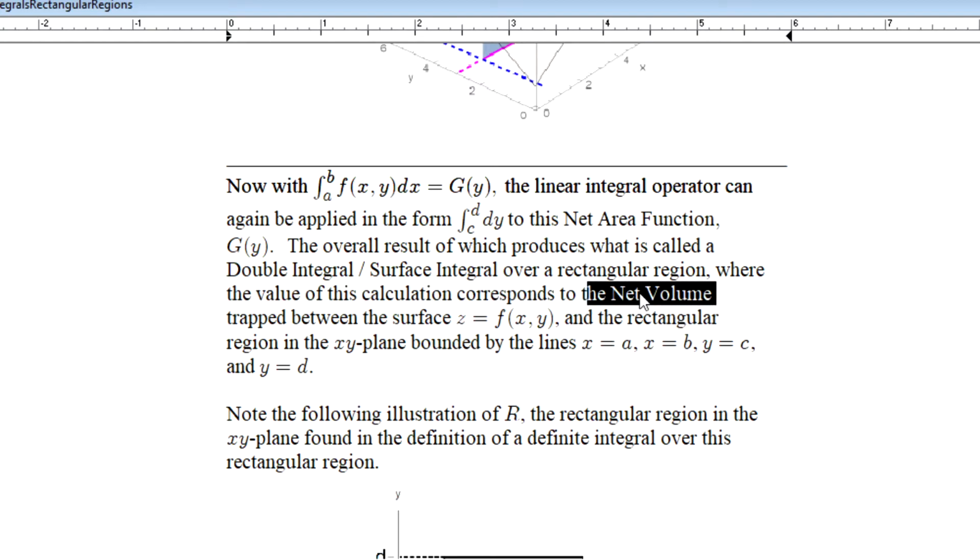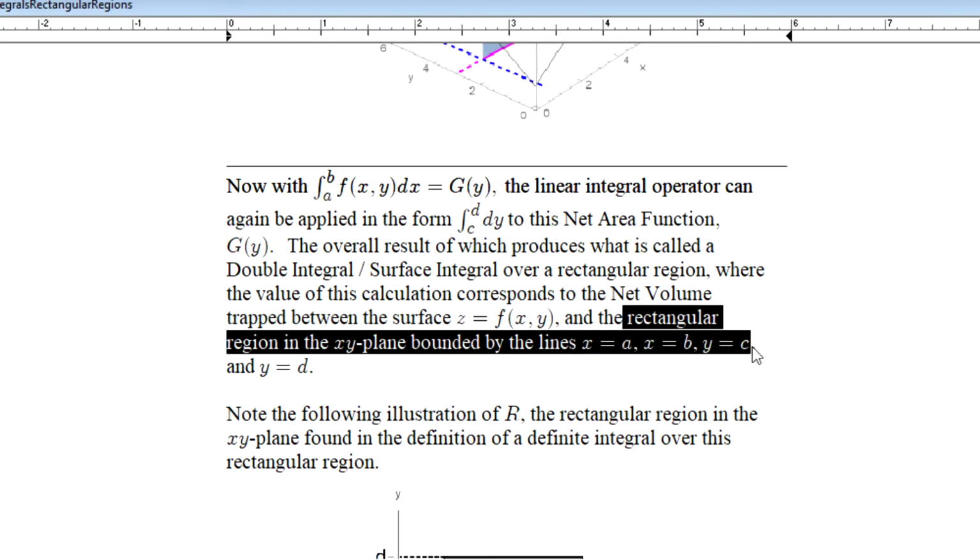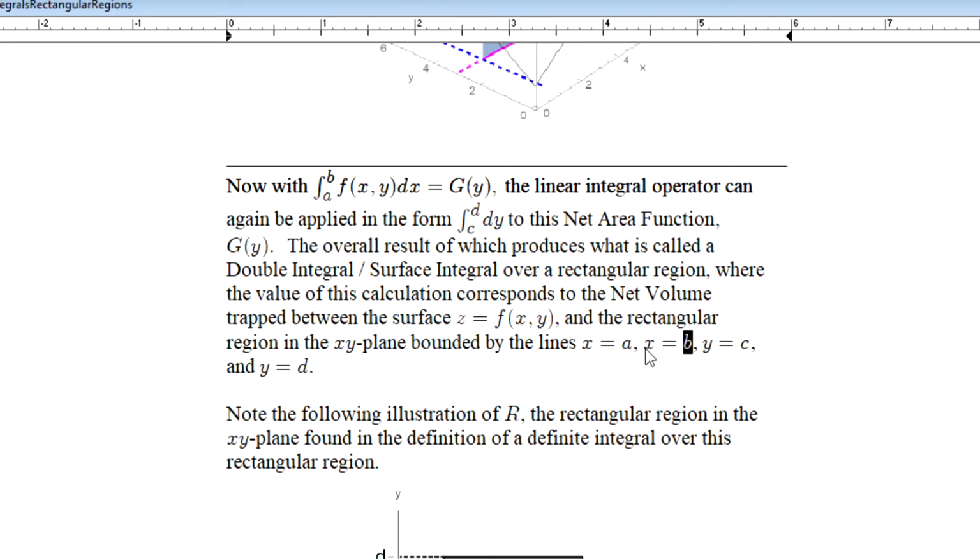A net volume that's trapped between our surface, this multivariable function, and some rectangular region in the xy plane that is bounded by lines that occur vertically in 2 dimensions where x equals a and x equals b, and lines that occur horizontally in 2-dimensional space where y equals c and y equals d.